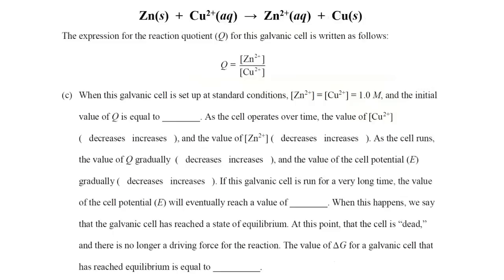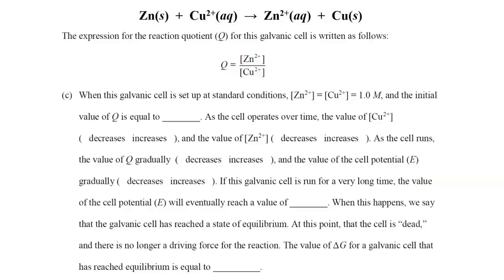At the top of this slide, you can see the overall balanced chemical equation involving solid zinc reacting with aqueous copper ions to produce aqueous zinc ions and solid copper. The expression for the reaction quotient for this galvanic cell is written as follows.